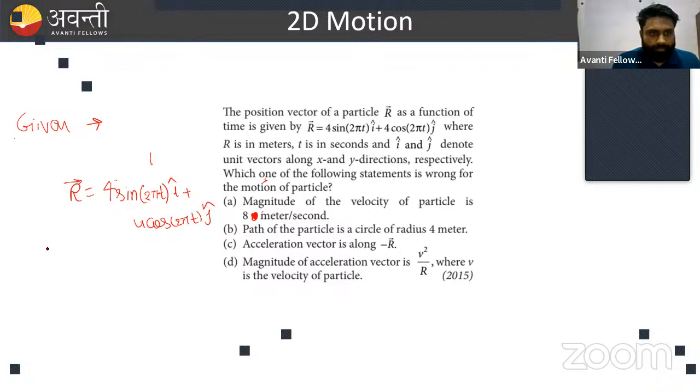Okay, so we know here the velocity vector would be dr vector differentiated by time, dr by dt. So dr by dt is now 4. What is the differentiation of sin x? It is cos x.